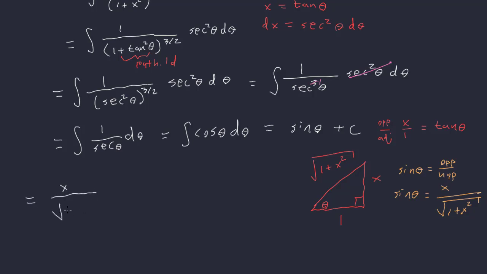We get x over the square root of 1 plus x squared, plus c. And there you go. And actually, that should be enough to get you started on the homework on this section.